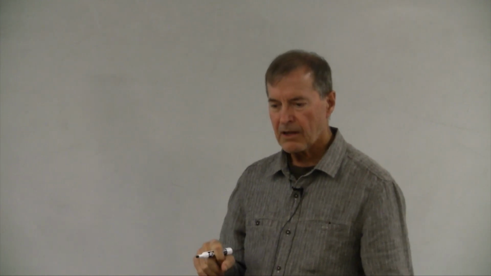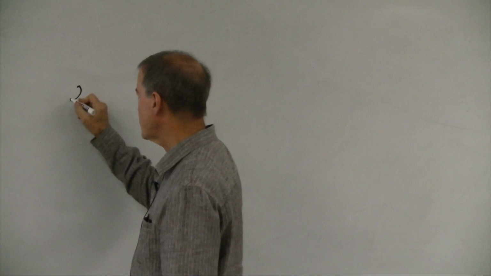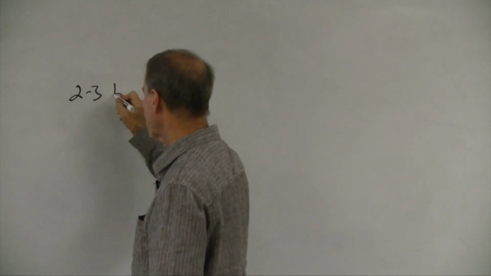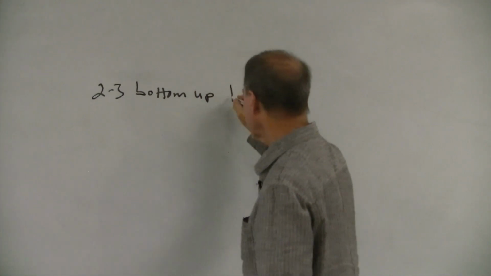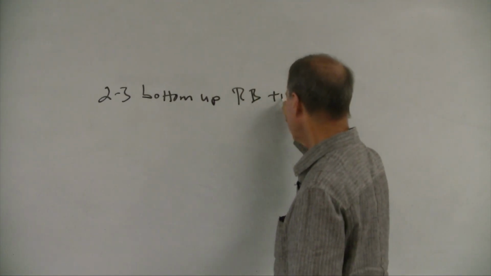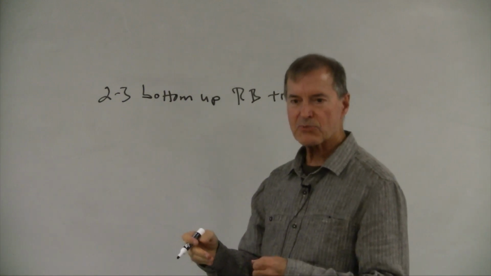Actually, let me just mention this. Sedgewick defines more than one left-leaning red-black tree. Strictly speaking, the left-leaning red-black tree that we are using in our project is called a 2-3 bottom-up red-black tree. And there's another one that is slightly less restrictive.